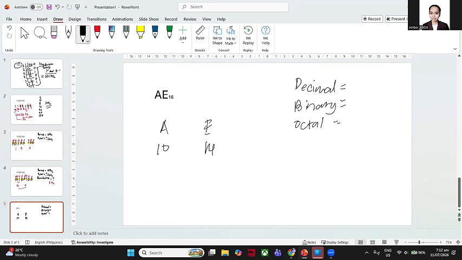Now we're going to translate first into binary. Why? Because it is easier to translate to decimal and octal when we have a binary. So we have AE 14.